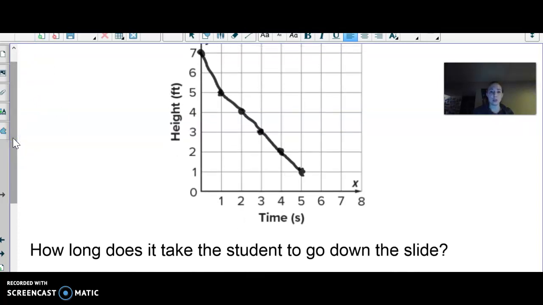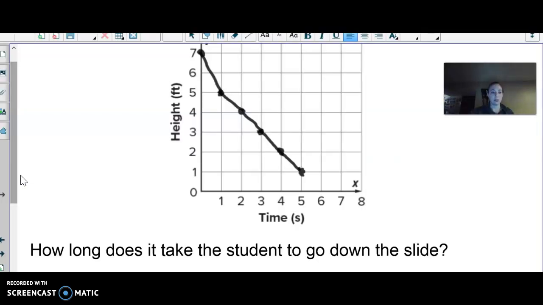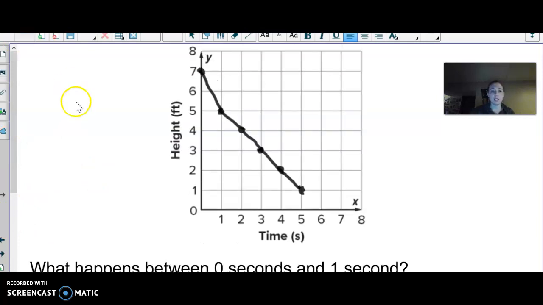Go ahead and choose. All right, hopefully you said 5 seconds because they're at 1 foot after 5 seconds. Most slides sort of end a little bit off the ground, and it's our last data point, so we can assume that the 5 seconds was the end.